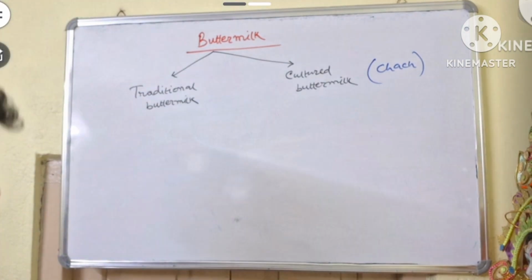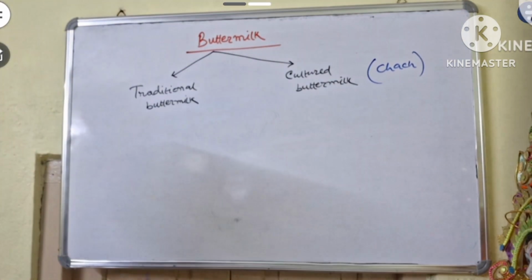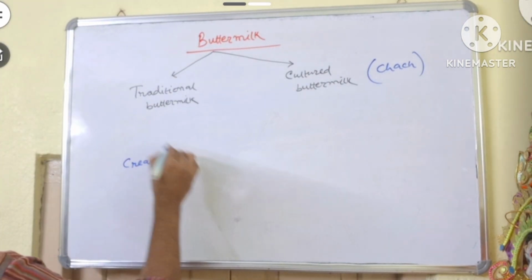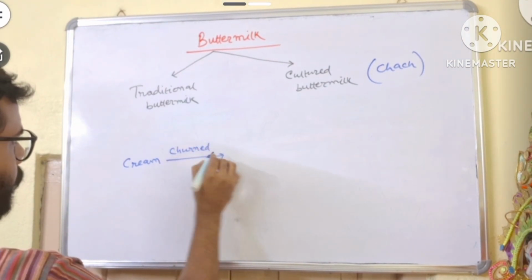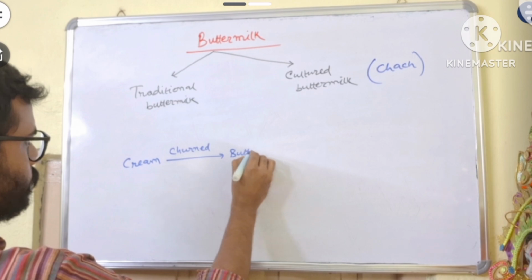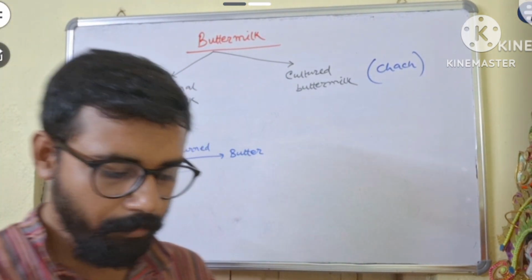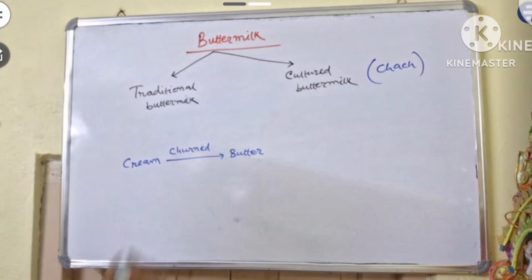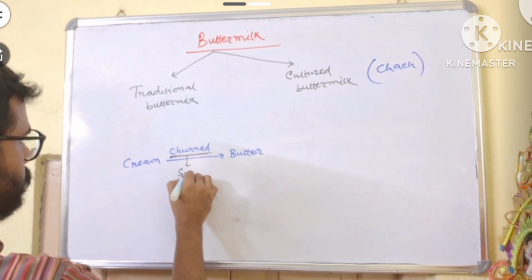So traditional buttermilk means we know that butter is produced from cream. When cream is churned, then butter is produced. Yes or no? When the milk cream is churned, meaning stirred or shaken continuously, that is when the butter is produced.